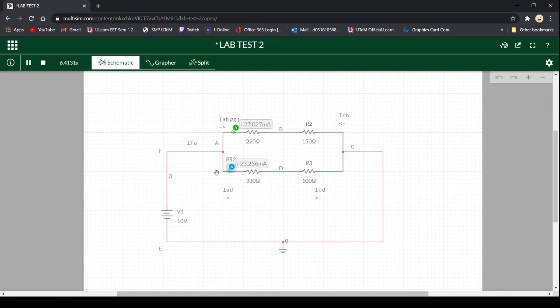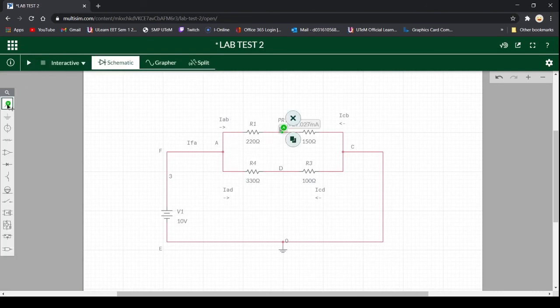So for table 4, the current at A is 27.027 milliamperes plus 23.256 milliamperes. So we get 50.283 milliamperes. Next, the current for B. Current for B is 27.027 milliamperes. And for C, the current for C is 50.283 milliamperes.